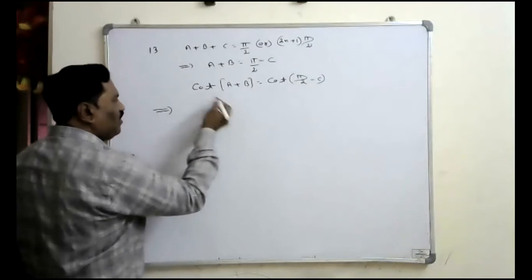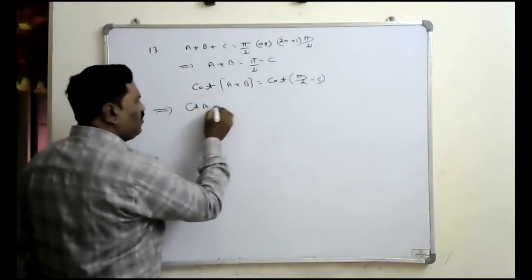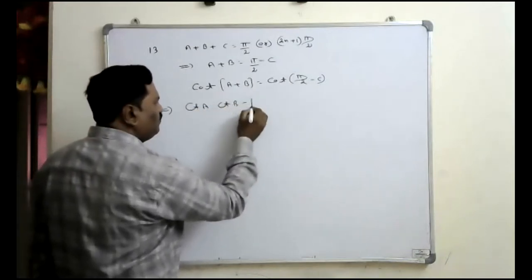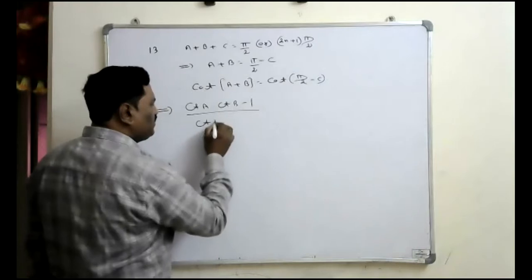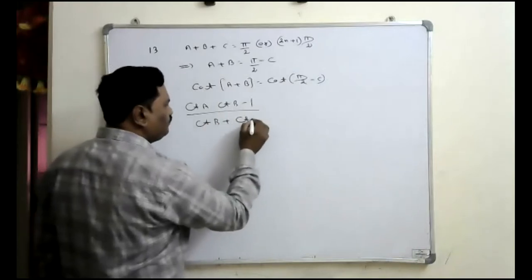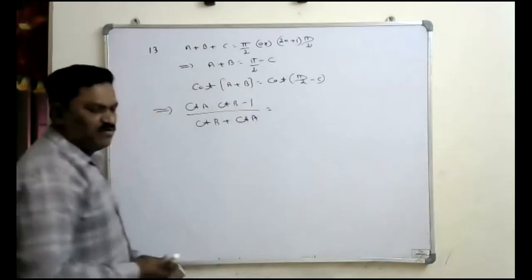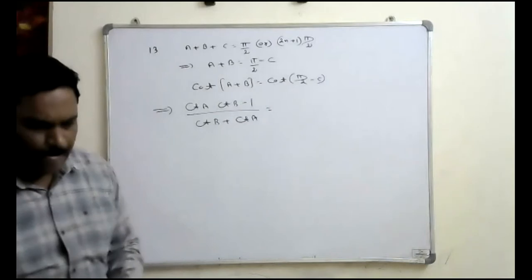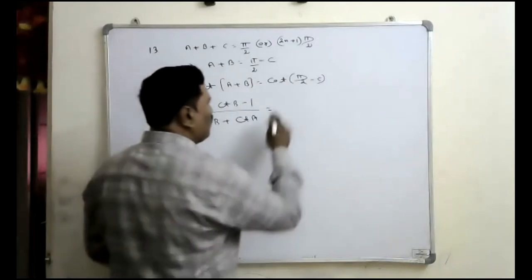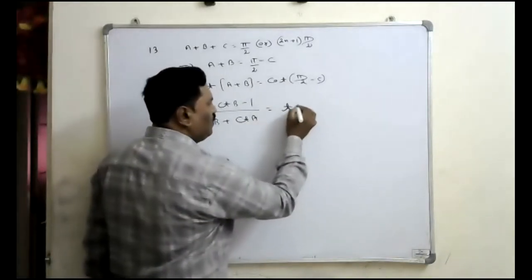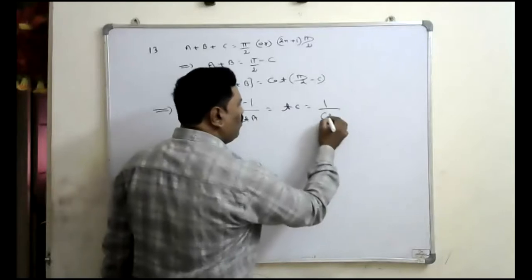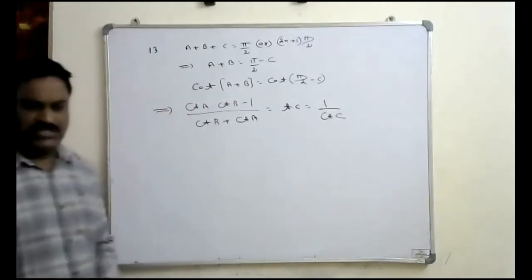The formula for cot of a plus b is cot a cot b minus 1 upon cot b plus cot a, which is equal to, what is the cot of 90 minus c? Tan c. This tan c again you can write as 1 by cot c.